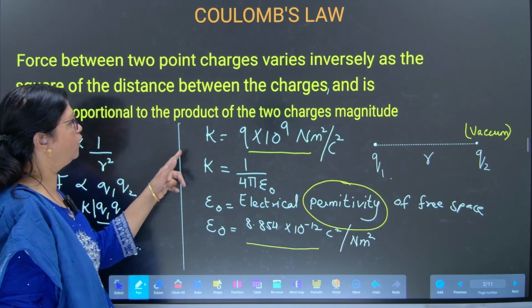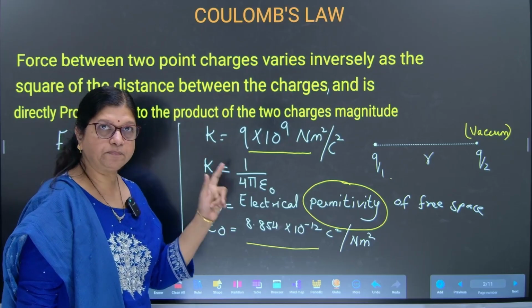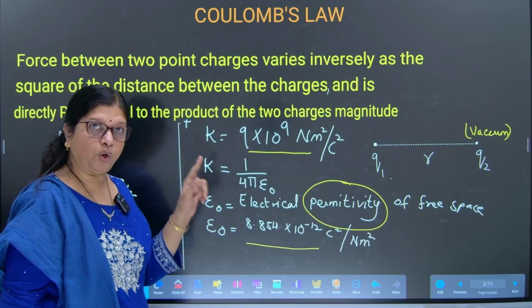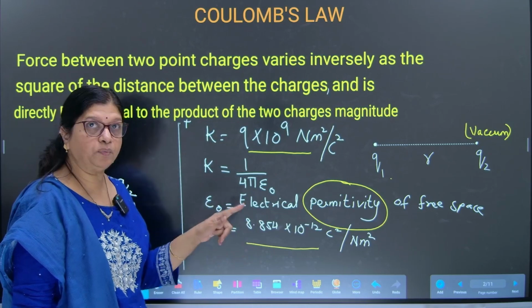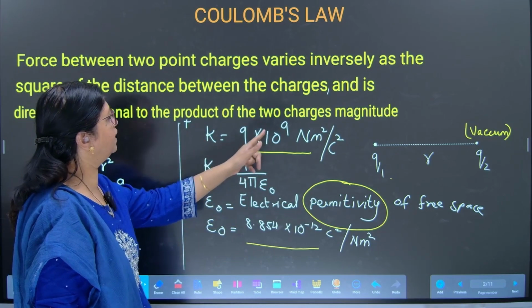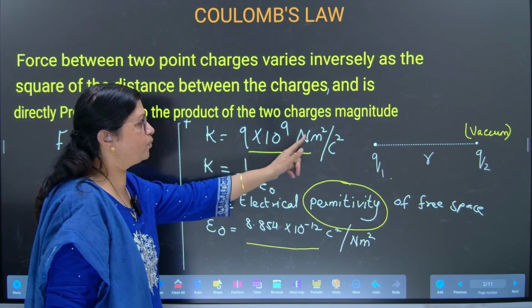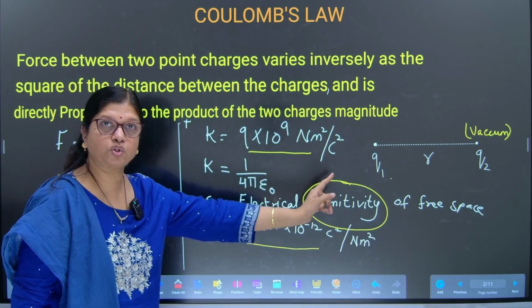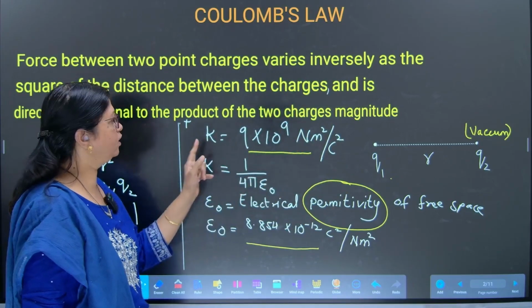Now, the value of K is always positive and it is also arbitrary, given as 9 into 10 raised to 9 Newton meter square per Coulomb square, where Newton meter square per Coulomb square is the SI unit of K.